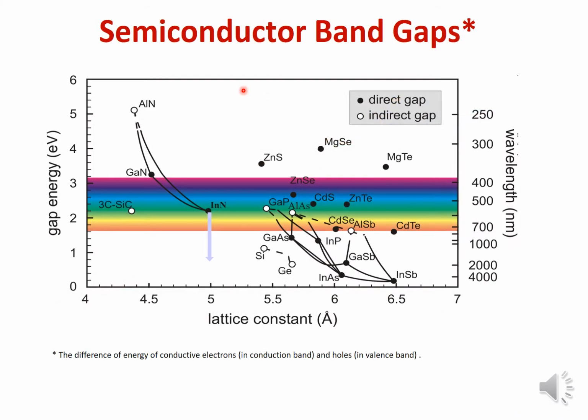to study those semiconductors, one of the most important concepts is band gap. And this is explained here. The difference of energy of conductive electrons in the conduction band and holes in the valence band. The meaning of band, you will learn later on.